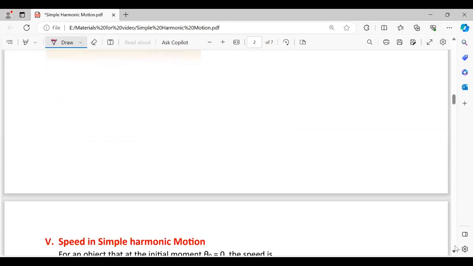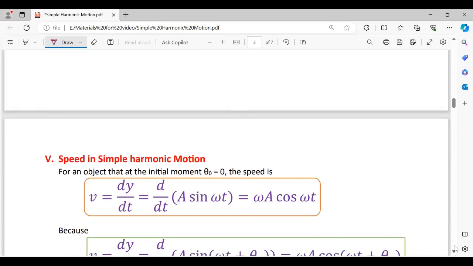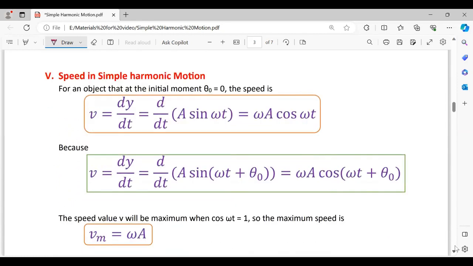Next, for the next formula, speed in simple harmonic motion: how we calculate speed or velocity in a simple harmonic motion. For an object that at the initial moment theta 0 equals 0, the speed is v equals dy over dt equals d over dt of a sine omega t.